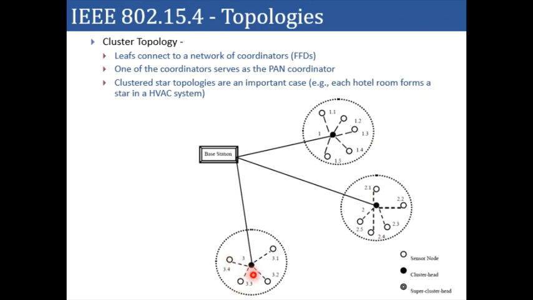These sensor nodes will send data to the cluster head, and then these cluster heads may send data to another super cluster head or maybe directly to the base station.